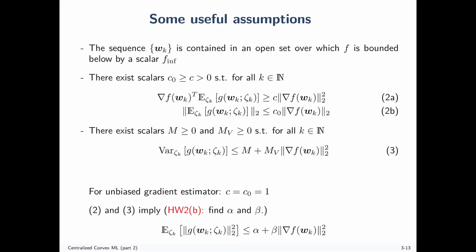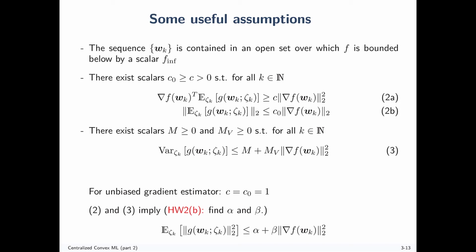The second one: there exist scalars C_0 and C such that for all integers k, we have these two. Recall the main thing here: it says that this should be positive. Essentially, it means that the noisy version of the gradient, our estimation, should be on expectation in the same half space as the actual gradient.